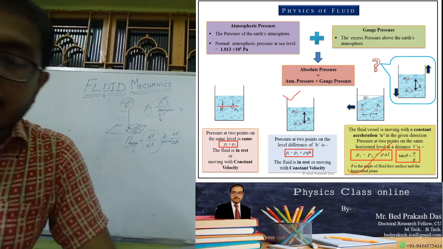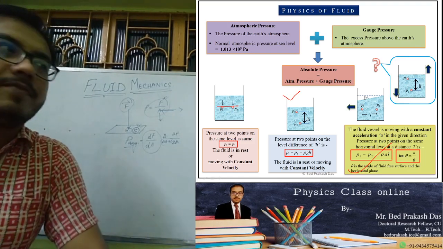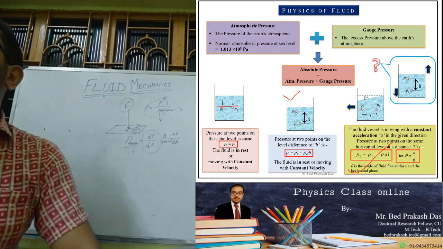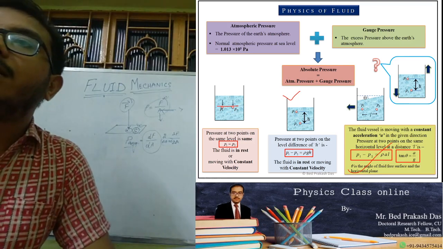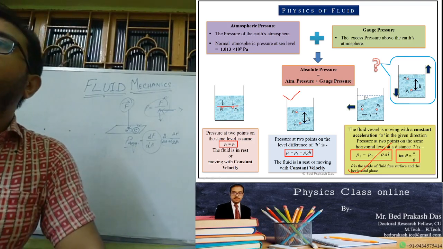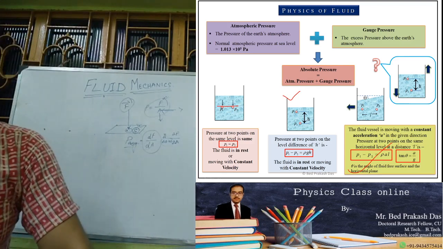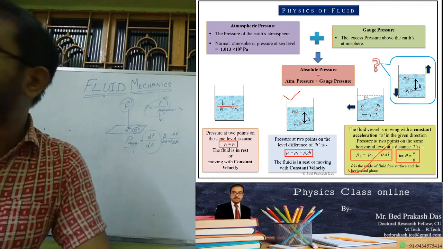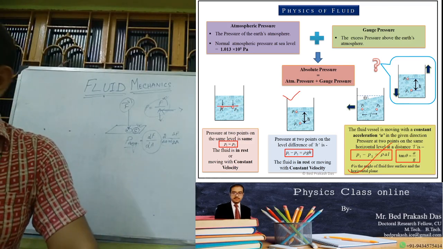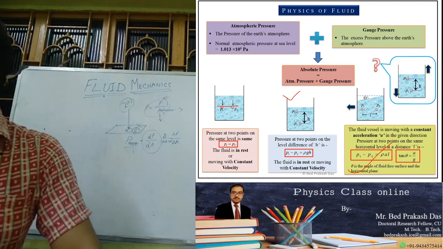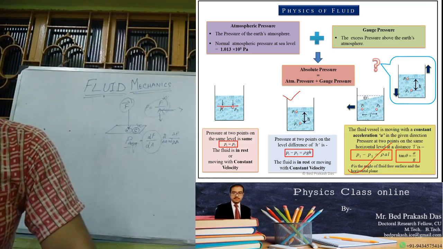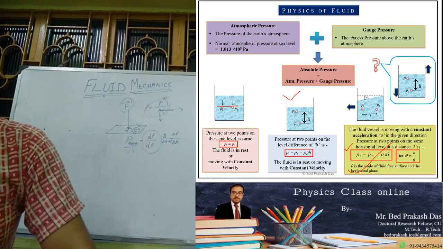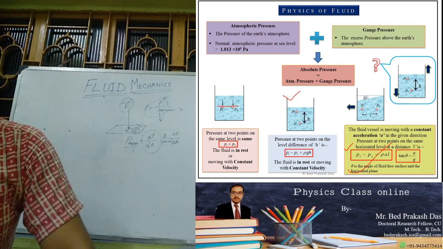Here a is the acceleration with which the vessel is moving and g is the gravitational constant. Now here I have a simple question for your practice: the vessel is moving either backward or forward.